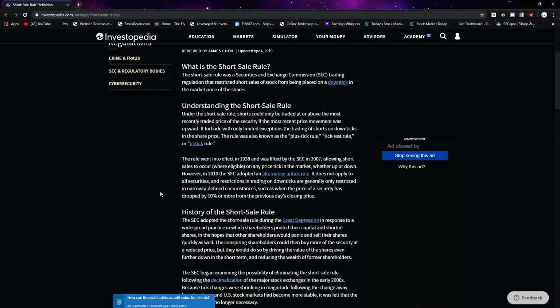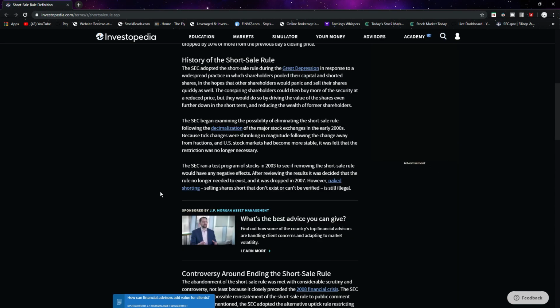It does not apply to all securities, and restrictions on trading on downticks are generally only applied in narrowly defined circumstances, such as when the price of a security has dropped by 10% or more from the previous day's closing price. History of the short sale rule.